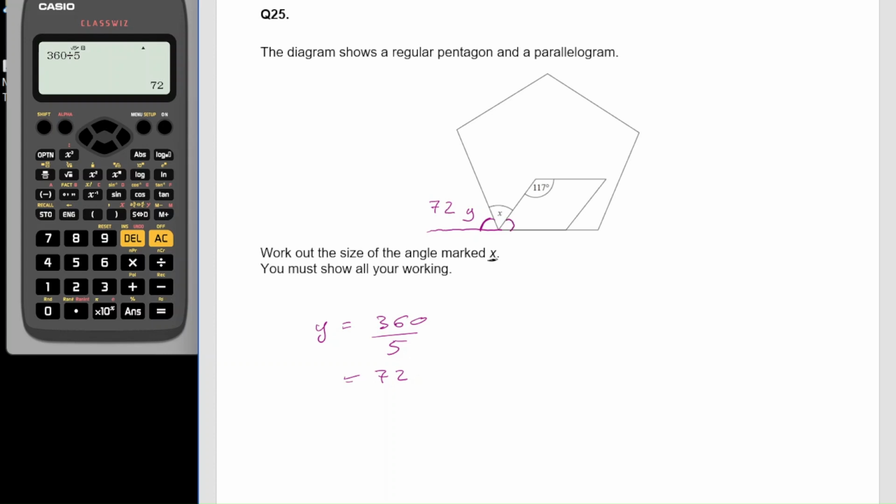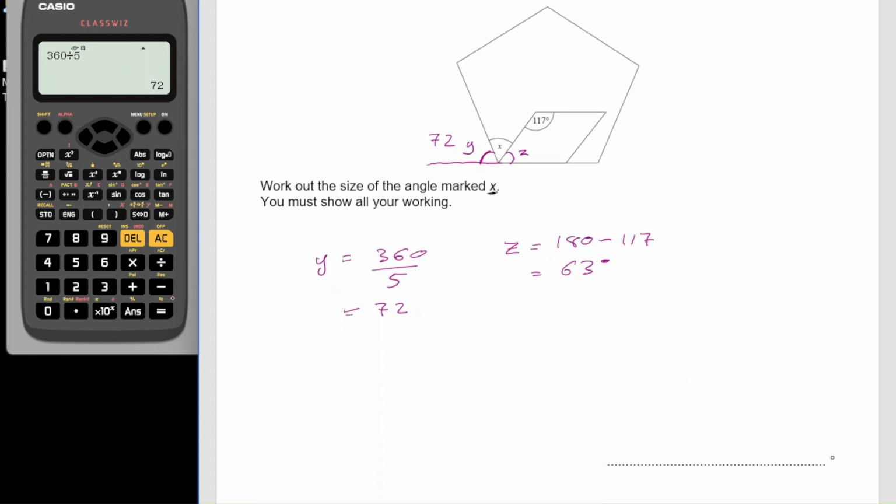I'm going to call this angle here Z, and I'm going to say that Z is going to be equal to 180 minus 117, which is going to be 63. Right, I'm going to say that 180 is going to be equal to X plus Y plus Z, because they're angles on a straight line.